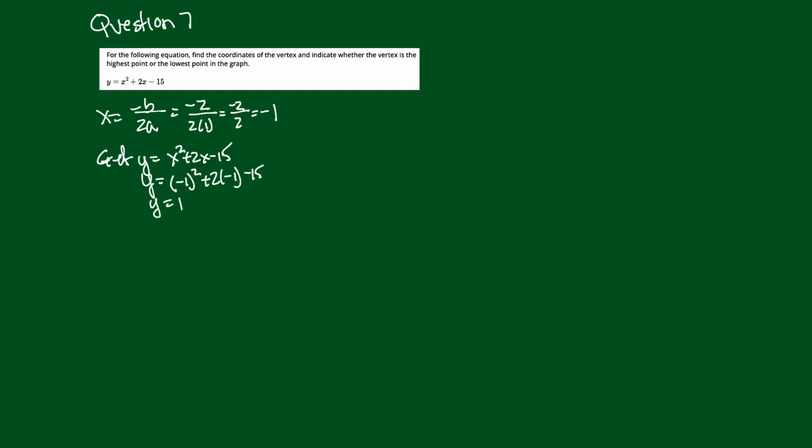So y is equal to 1 minus 2 minus 15. 1 minus 2 is negative 1, minus 15. Y is equal to negative 16. So I'm going to claim that the vertex is here at the x-coordinate negative 1. The y-coordinate is negative 16. And because that leading coefficient is positive, I'm going to say this is the lowest point on the graph.